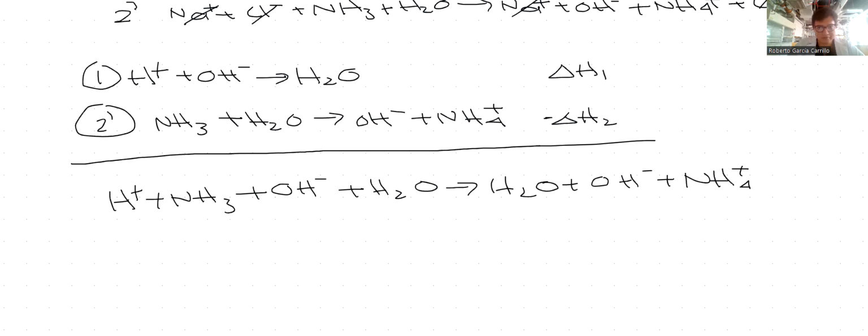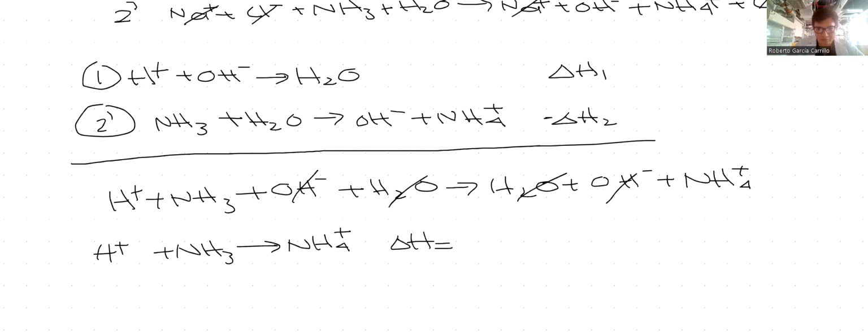And you can see this one cancels out with this one, and we end up getting this net equation. And its enthalpy should be equal to the enthalpy of the first reaction minus the enthalpy of the second reaction.